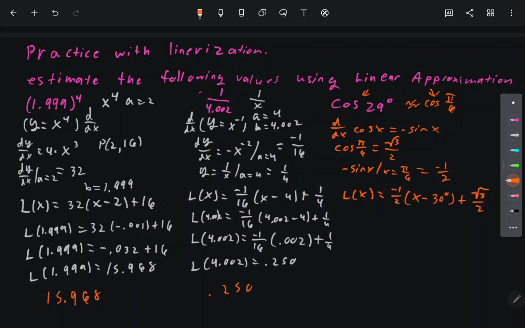Now that I have all of this information, we can find the linearization of x is negative 1/2 times negative 1 degree, which we're just going to call negative 1, or actually I suppose I should probably put this in radians.